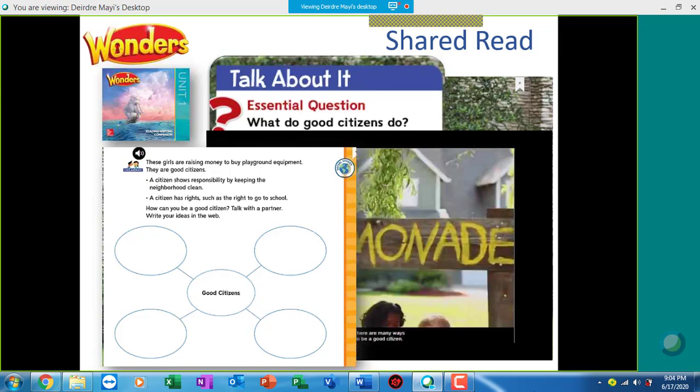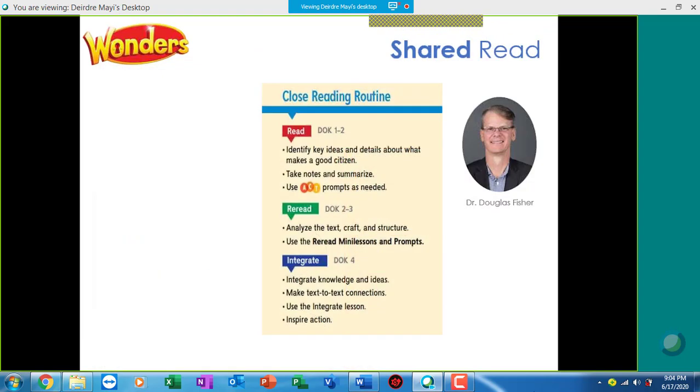As students discuss what it is that good citizens do, they're going to fill in the graphic organizer with some ideas that they, with their partner, have come up with about being a good citizen. So here's an immediate opportunity for students to talk and write in the Reading Writing Companion.